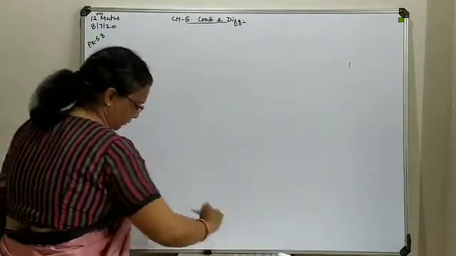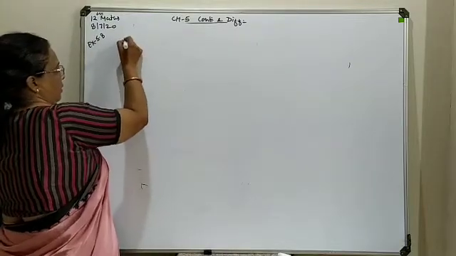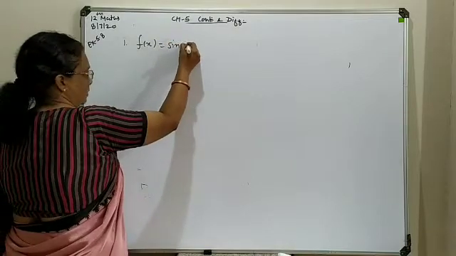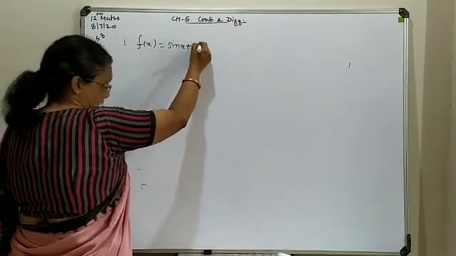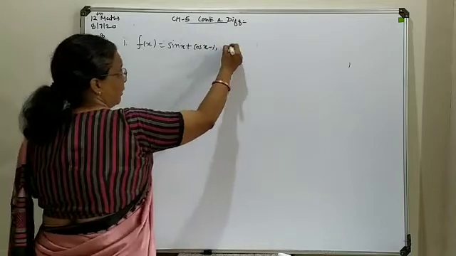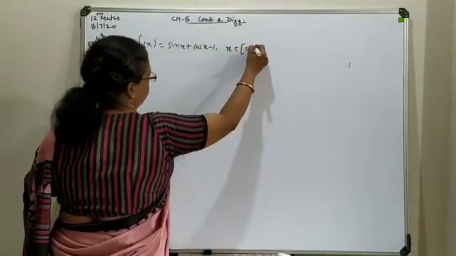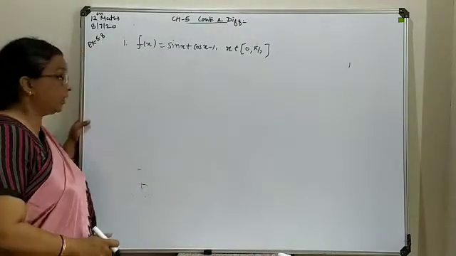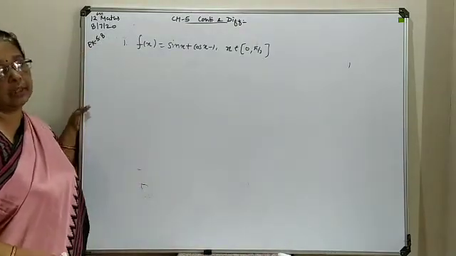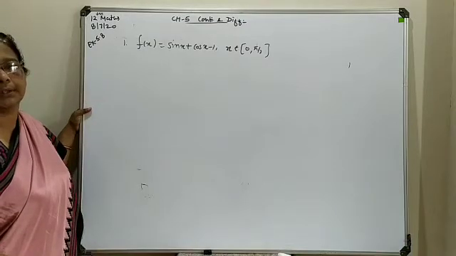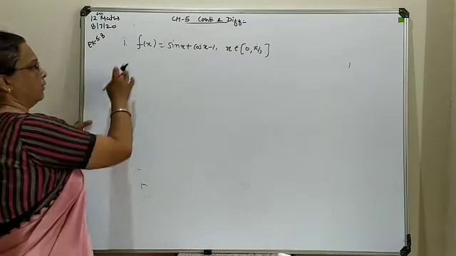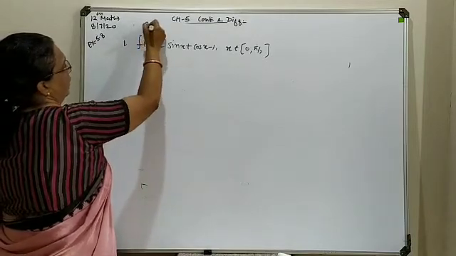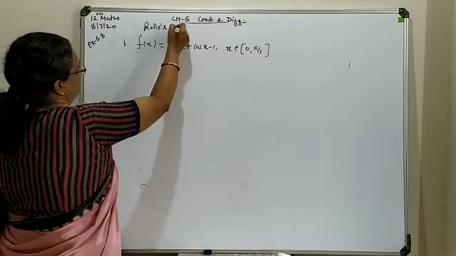Here f(x) is available as sin x plus cos x minus 1, where x belongs to the closed interval [0, pi by 2]. As I told you in the beginning, if your terms are trigonometrical ones, they are also considered continuous as well as differentiable. So here formally we have to solve it for Rolle's theorem.